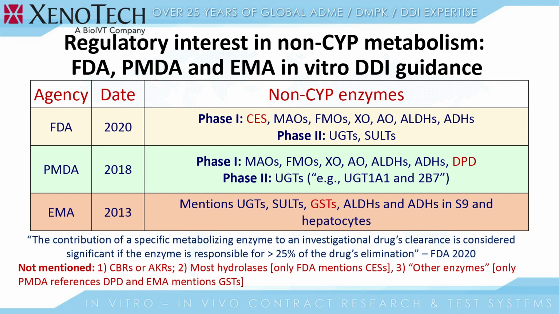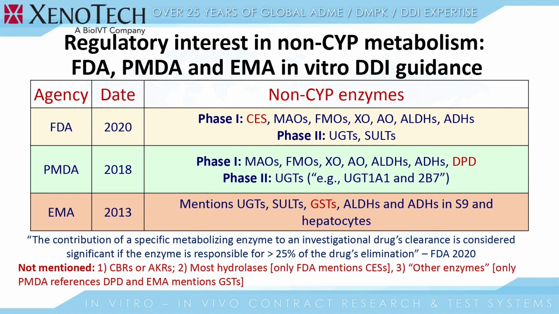I should also point out that Japan's PMDA does highlight DPD, dihydropyrimidine dehydrogenase. Now, dihydropyrimidine dehydrogenase is not specifically named by the PMDA. However, it's implied by reference to the fatal interactions between sorivudine and 5-fluorouracil, which were famous in Japan for quite some time. Now, the EMA does mention UGTs and SULTs broadly, and also mentions glutathione S-transferases specifically.